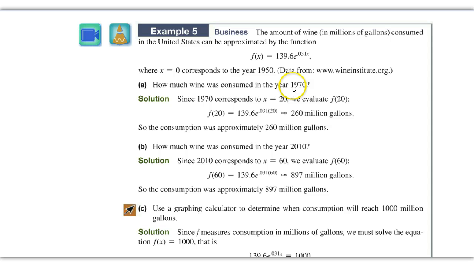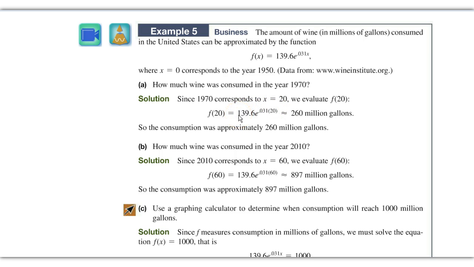So how much wine is consumed in the year 1970? Well, that's 20 years from then. So we put 20 in place of the x. We multiply this, and we get a value. That's our exponent.